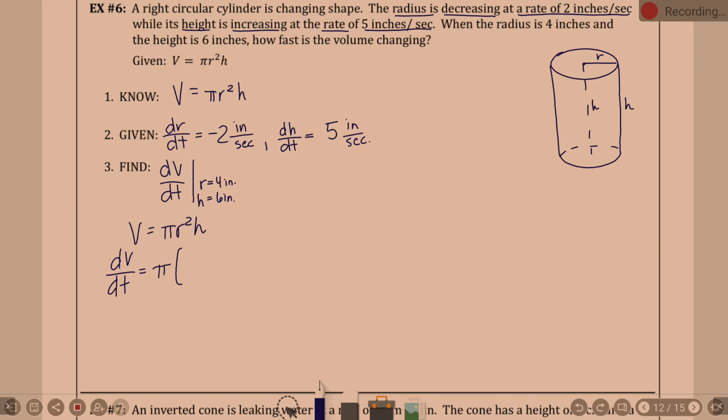Now, if the pi's out front, r squared h, what are you doing? 2r dr. And what else still has to be there? h, because it's product rule. So derivative of r squared is 2r times dr/dt, keeping the h. And then plus you keep the r squared, derivative of h is 1 dh/dt.